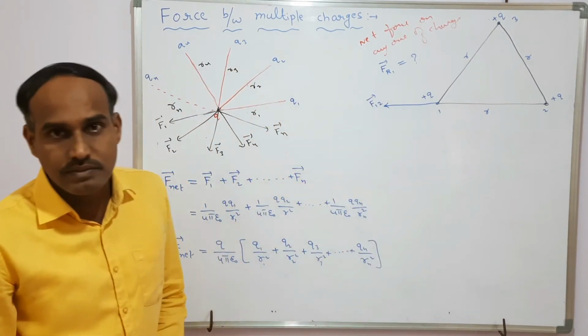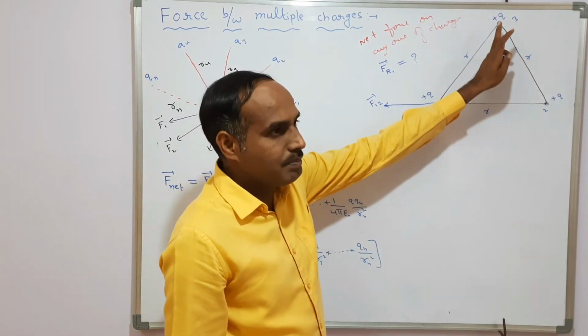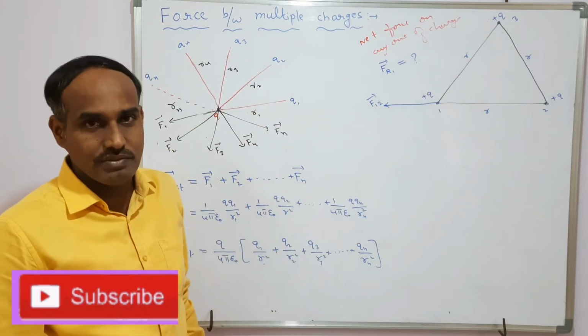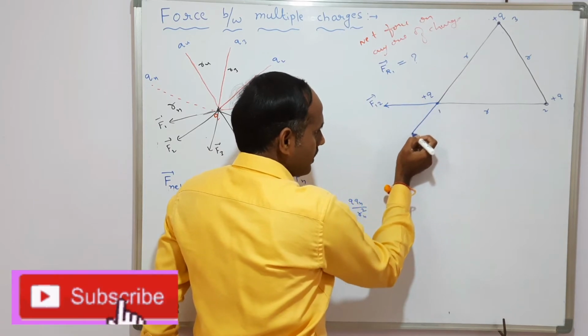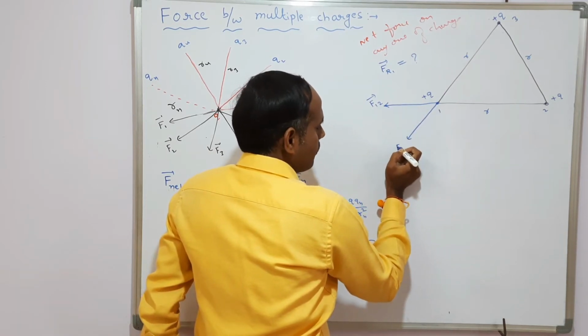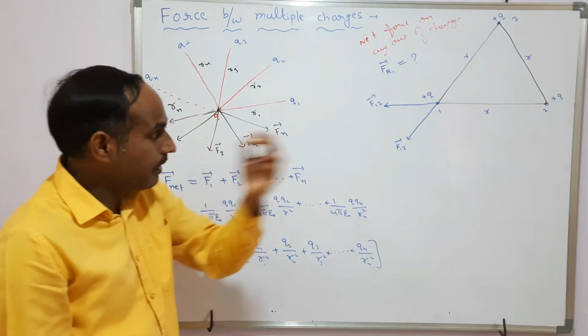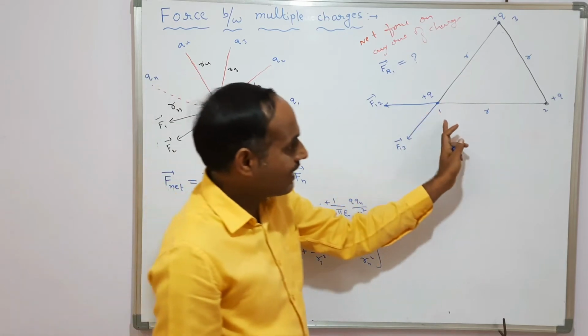Any problem with this? And at the same time, on the first charge there is a repulsive force due to the third charge. Why? Because again the first and third have the same sign of charge, so along the line joining them, this is F13 bar.